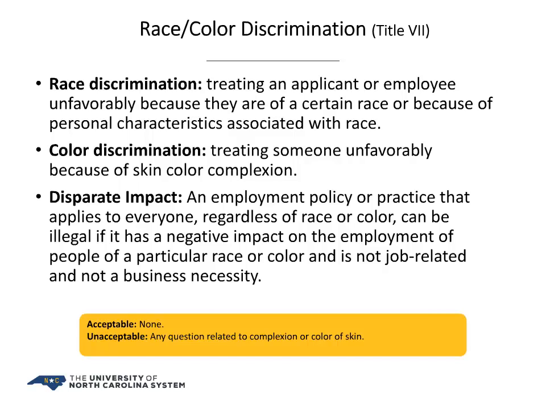As with previously mentioned protected classes, disparate impact can occur when an employment policy or practice that applies to everyone, regardless of race or color, has a negative impact on the employment of people of a particular race or color and is not job-related and necessary to the operation of the business. There are no acceptable questions on race or color during an interview.